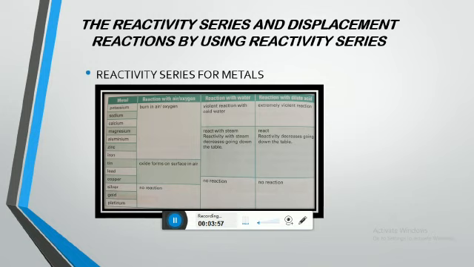Then magnesium, aluminium, zinc, in order, the reactivity decreases, going downward in the table. At the bottom, copper, silver, gold, and platinum do not react with acids. This is how different metals react with different materials: oxygen, water, and acids.